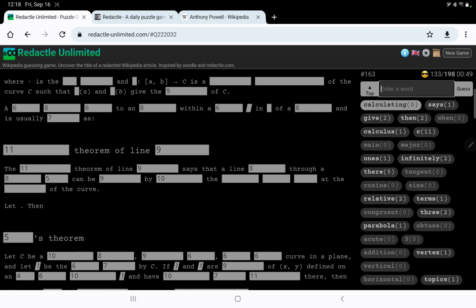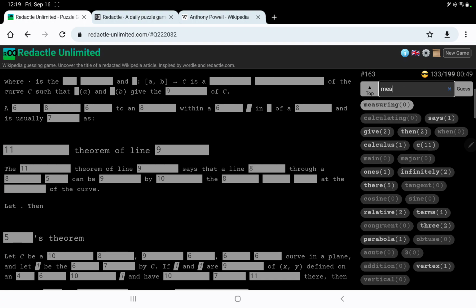No. Measuring. No. Let's try measure for measure. No. At the 9 of the curve. Is that a word like azimuth? Oh.